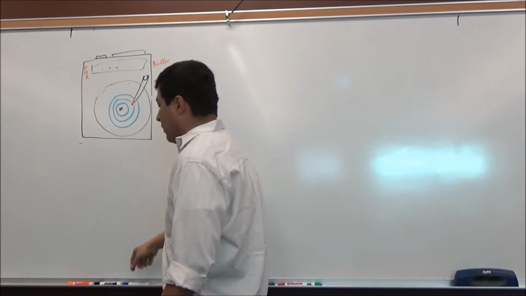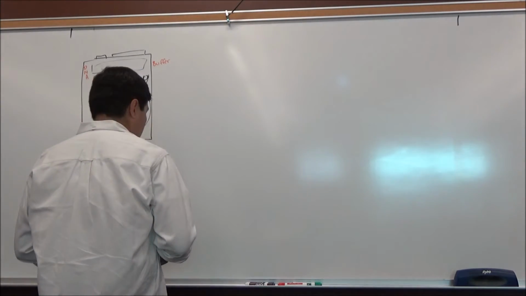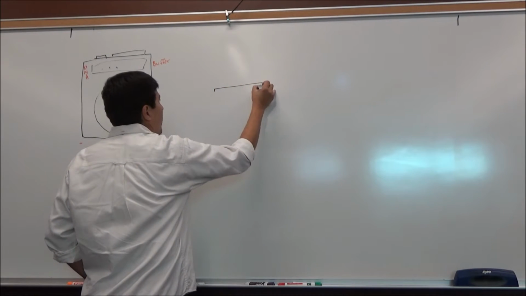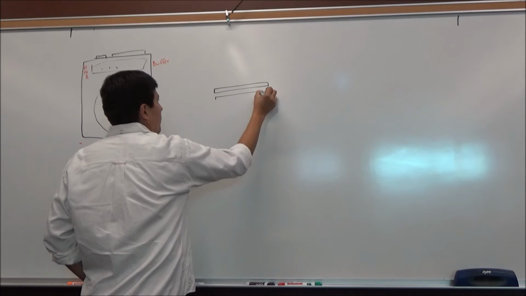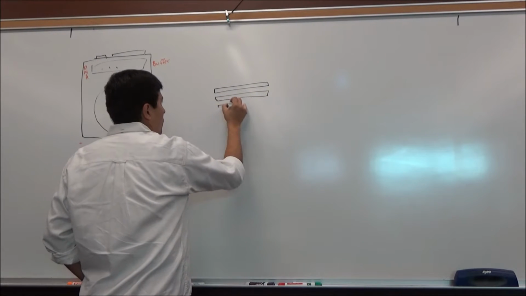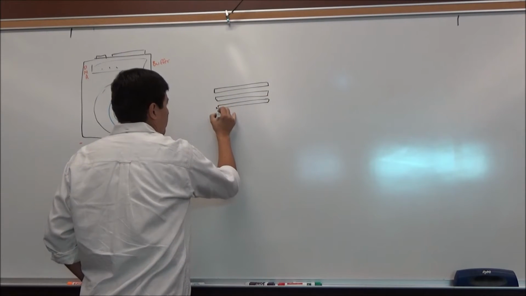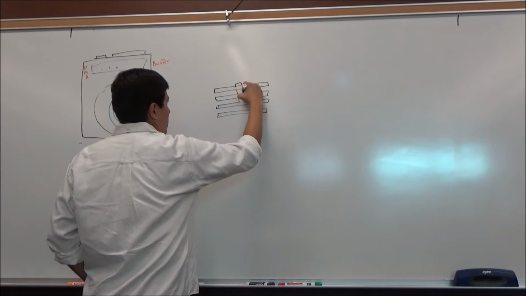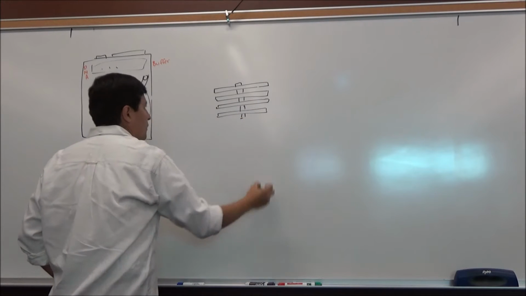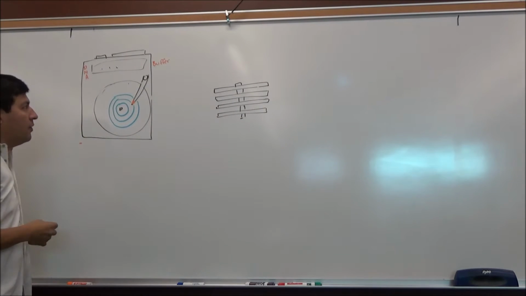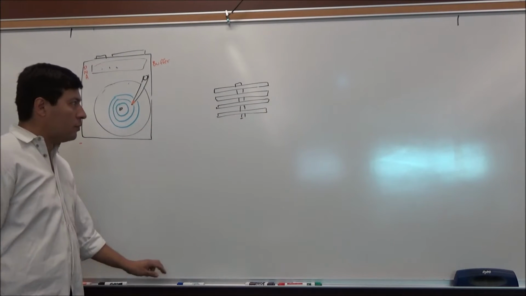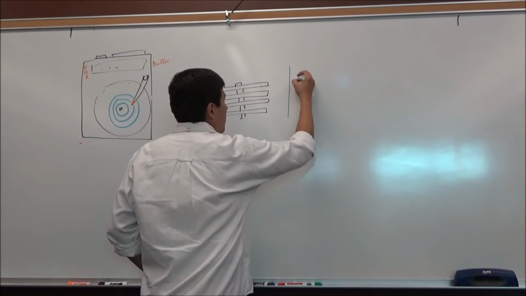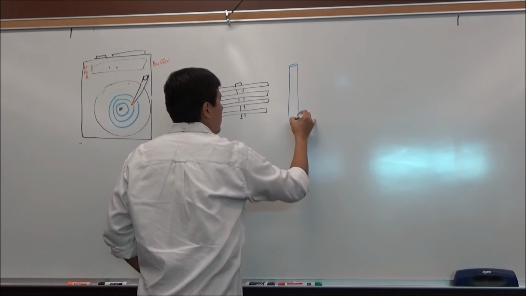If you look at the disk horizontally, there might be more than one plate. We call those disks, and they're all on the spindle. And this arm, there's the arm that you see on the top.